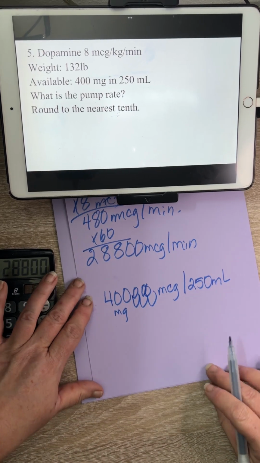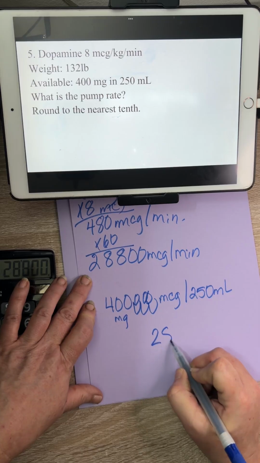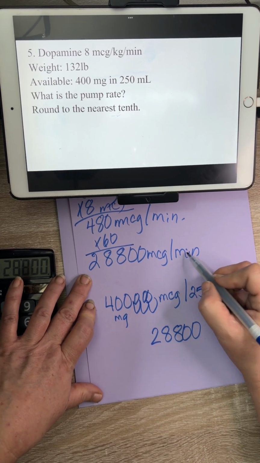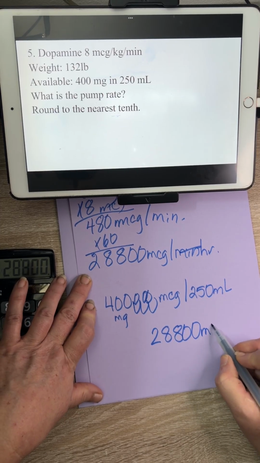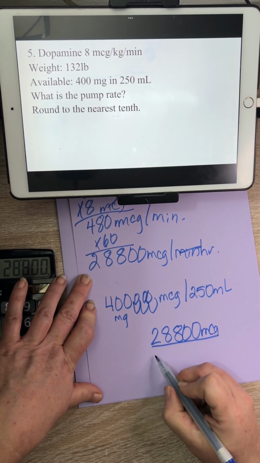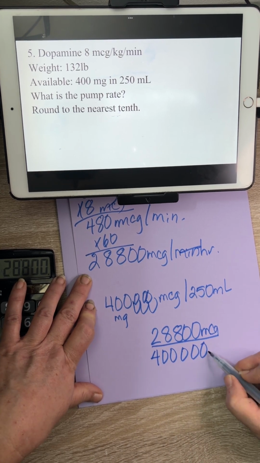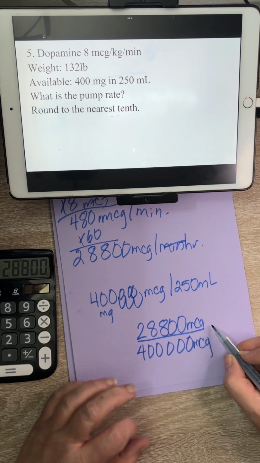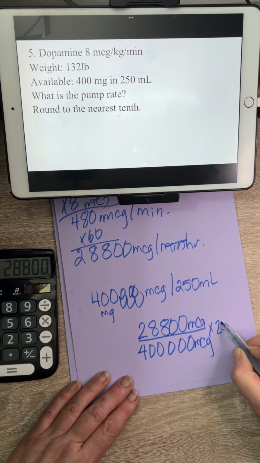Okay, so then we're setting up our problem. This is what he wants: 28,800 micrograms per hour, my bad. And then 400,000 micrograms. And how does our 400,000 come? Yeah, we microgram rich. It comes in 250 milliliters.